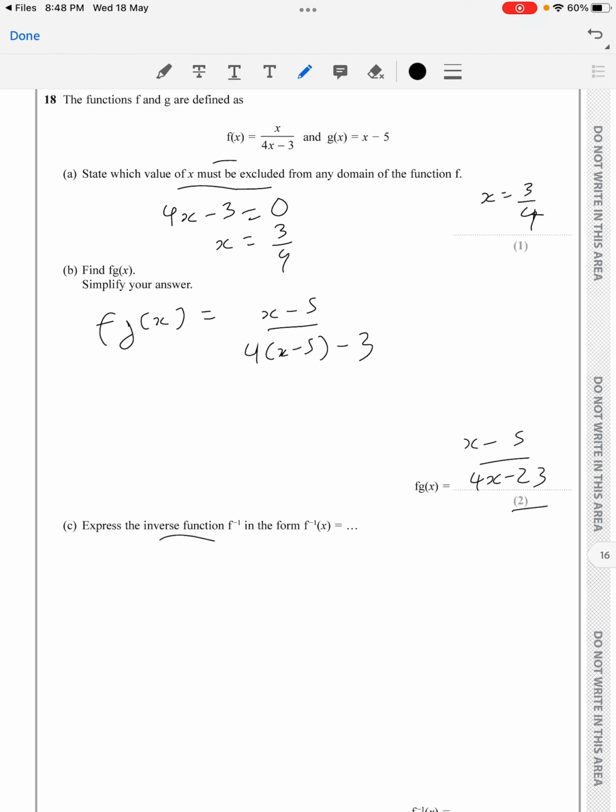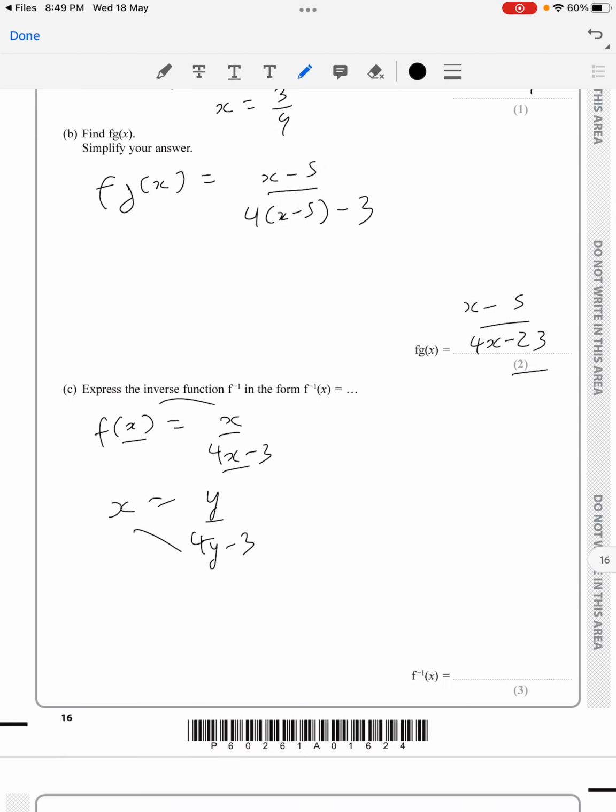Express the inverse function f to the power minus 1. So what you're going to do is write the equation down and change the values of x to y, right? Excluding this value, don't change this, just keep it x, and y, 4y minus 3. Once you rearrange this, just rearrange to make y the subject, right?